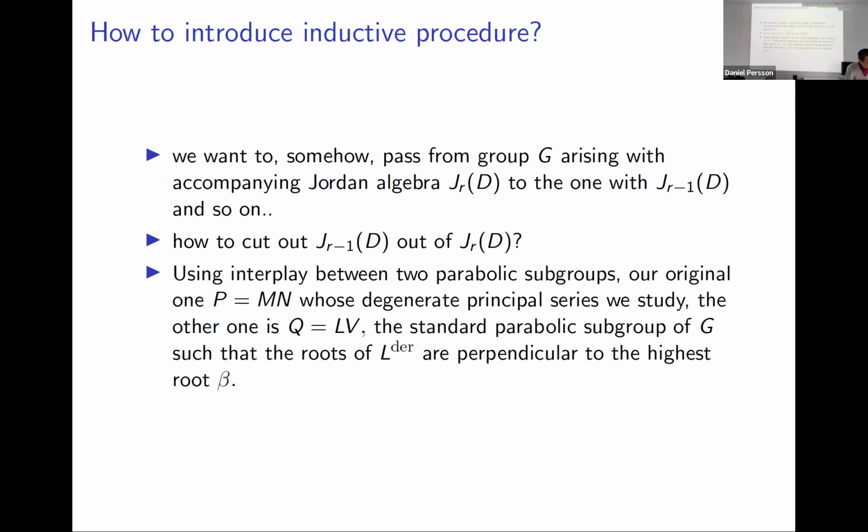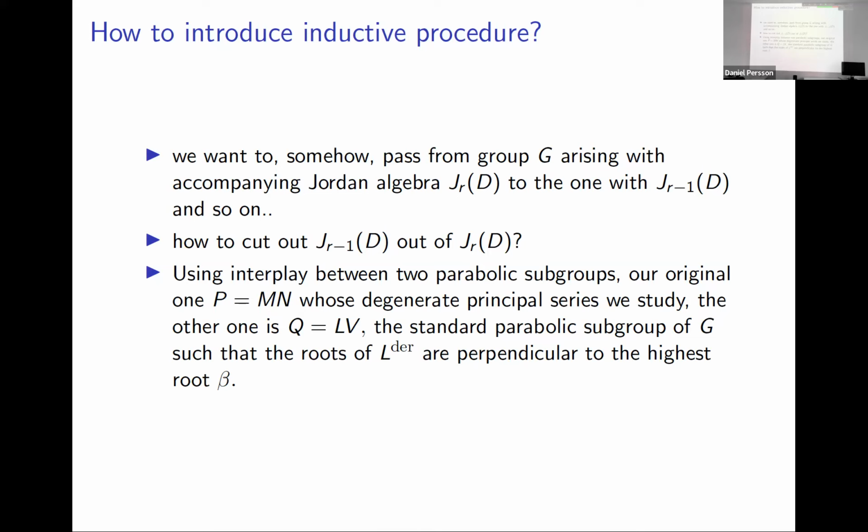So how does this induction procedure function? We started with this, and we are examining this degenerate principal series with respect to this maximal parabolic subgroup, which is abelian.